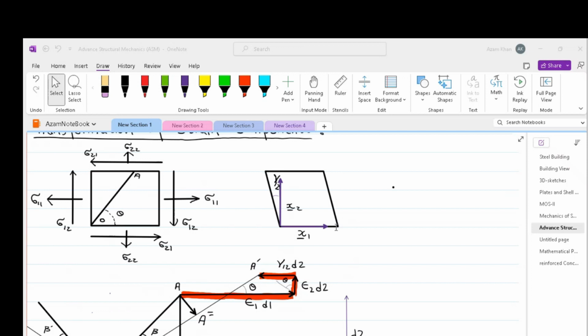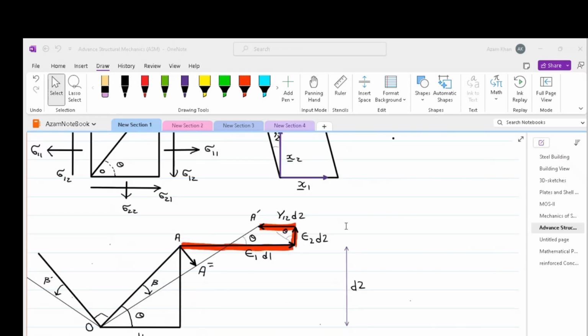That gamma 1 2 is multiplied with the base D2 to get the shear distortion, gamma 1 2 D2. Please note that this movement of A is highly exaggerated to show how the vector sum may be resolved into two components, one parallel and another perpendicular to OA.